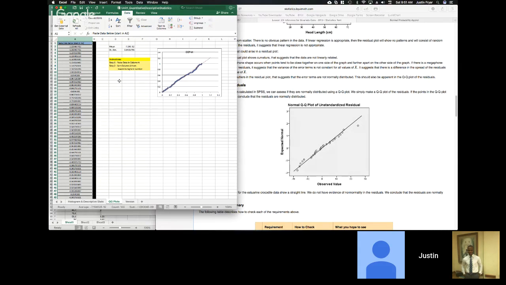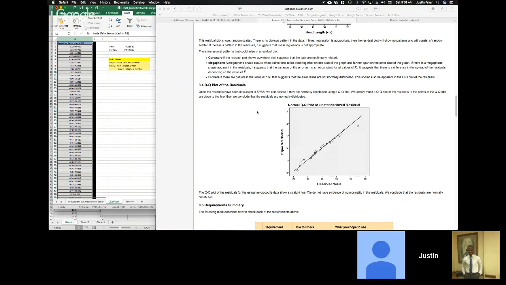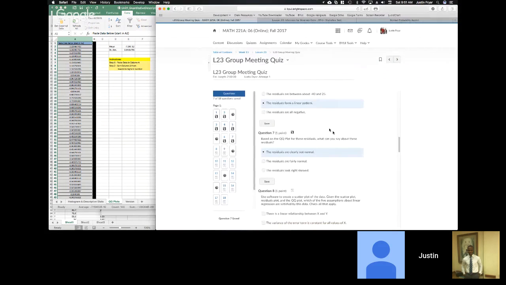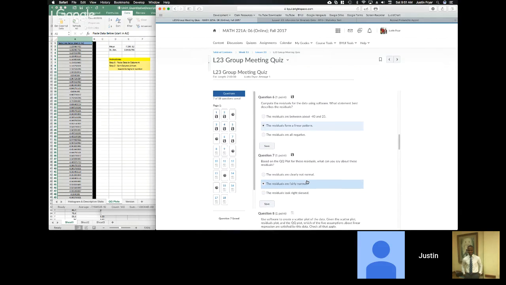There we go. Well, look in the instructions right here. It says paste it in and then sort column A from lowest to highest. Oh man, it is normal then. The QQ plot is normal. So in this case, the residuals look normal in a QQ plot? Yeah, on number 7, they would be fairly normal. Yeah, that's right. Man, I'm glad we created a QQ plot.